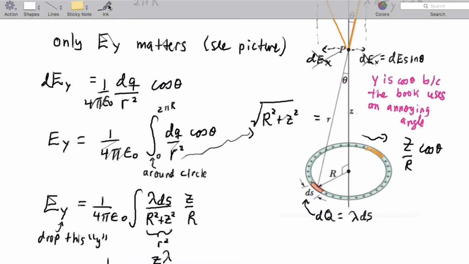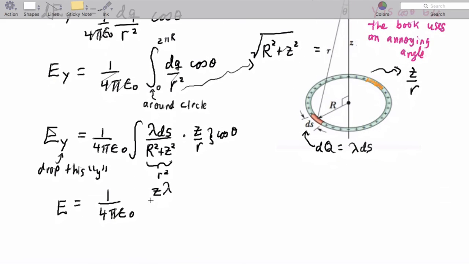This is actually z over little r. Let me make that correction there.